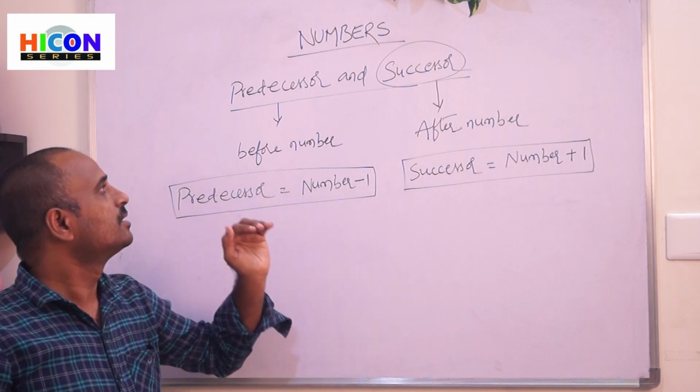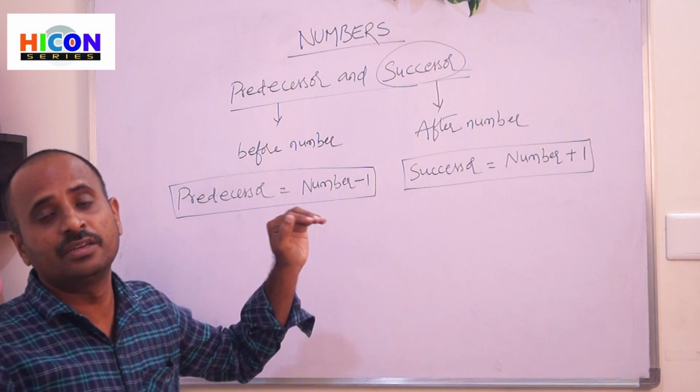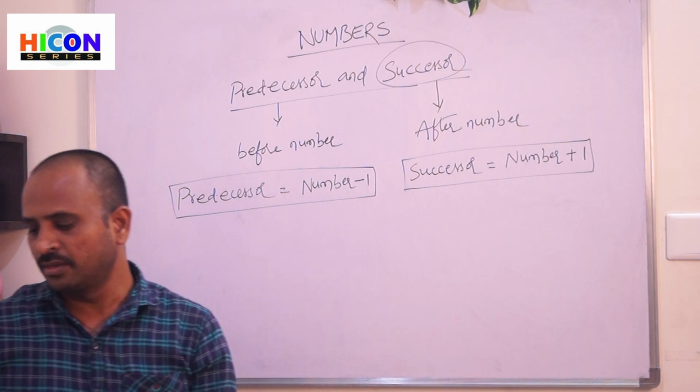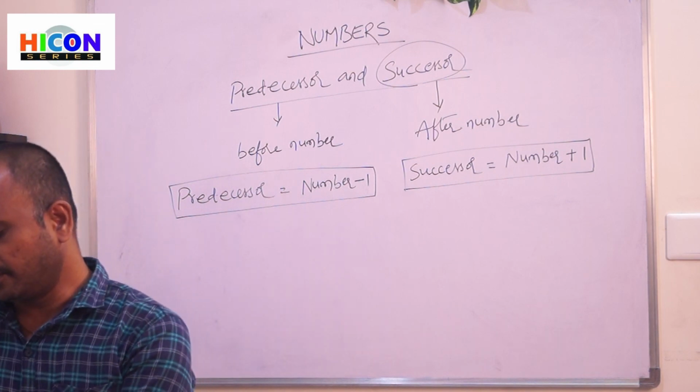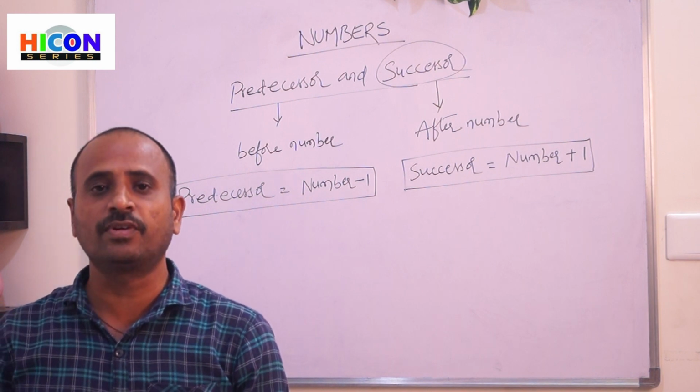So children, let us practice some problems on predecessor and successor in the exercise part. So let us enter the exercise part, that is exercise 1.1. What is exercise 1.1?